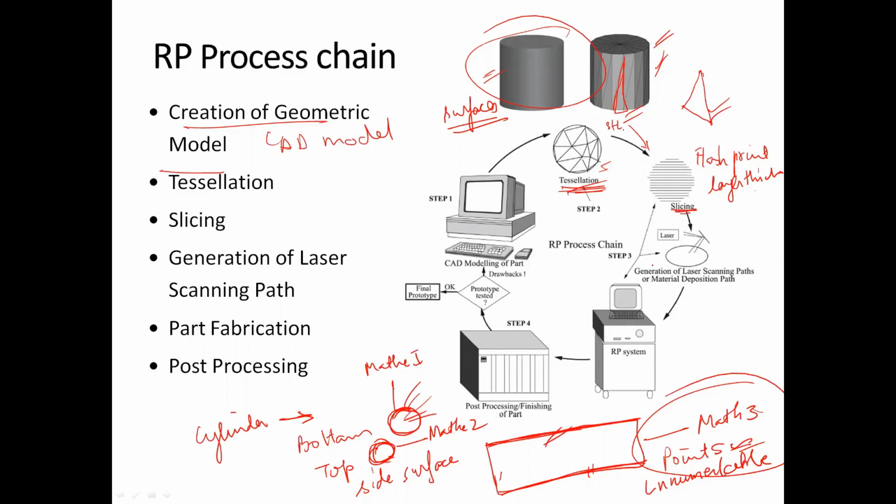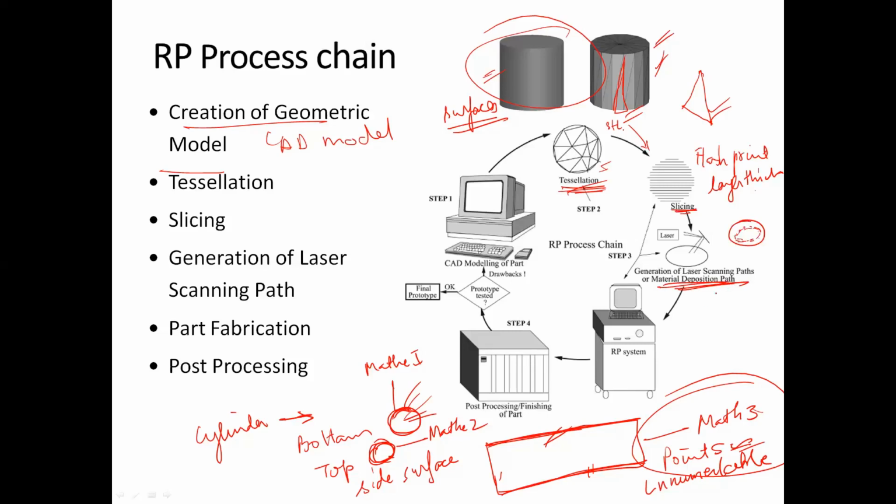Once the slicing has been done, comes the next part, the material deposition path. The same machine software decides on the deposition path. This is your bed. Wherever the part has to be fabricated, the material will be deposited only there. That is how you reduce wastage.